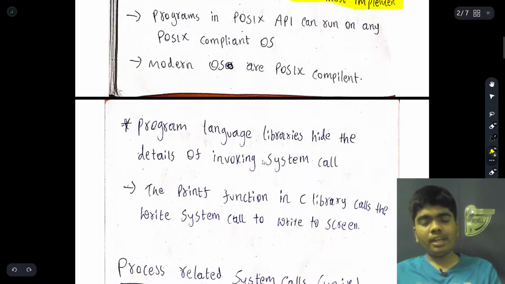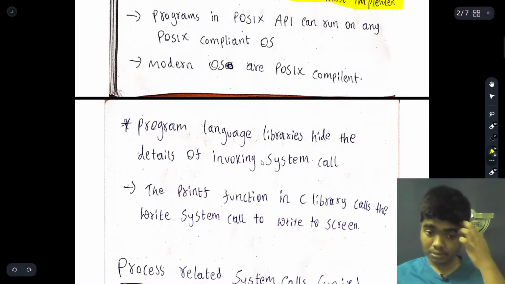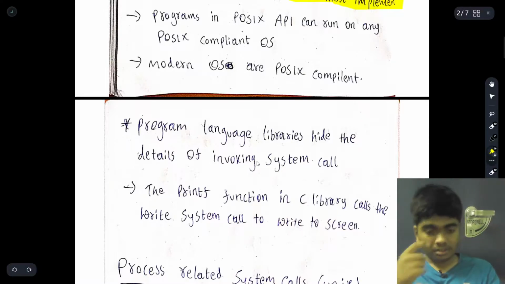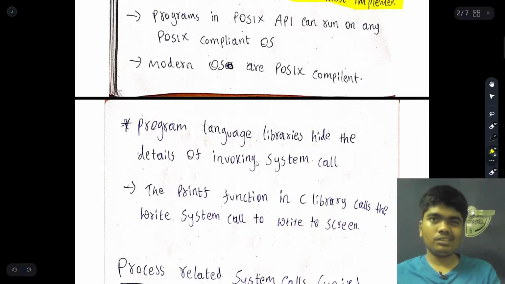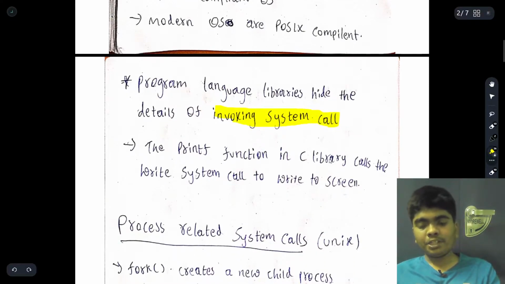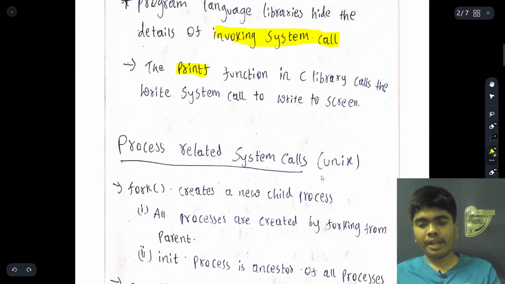It will directly print the details which are required, but it will not show the whole write code to the user, because the user doesn't require it. It will just invoke that particular system call to write on the screen.